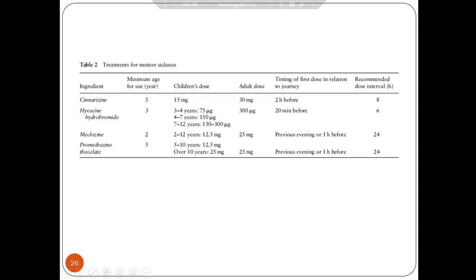Meclizine is given the previous evening or 1 hour before, because it has a long duration of action. Bromistazine is also given the previous evening or 1 hour before, with a duration of action of 24 hours. The recommended dose interval is 8 hours for cinnarizine and 6 hours for hyoscine.